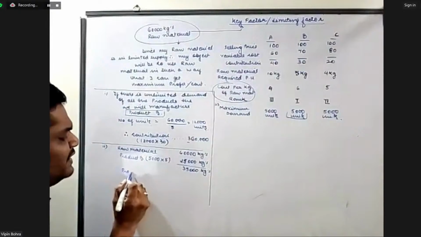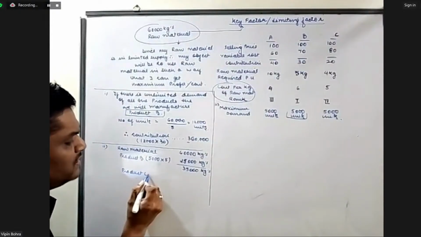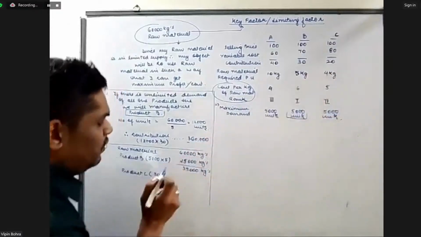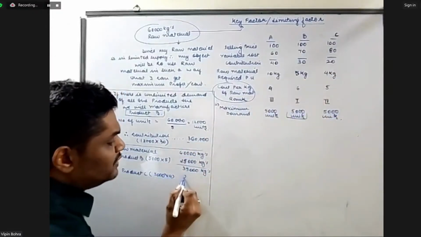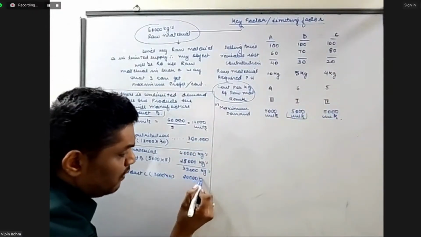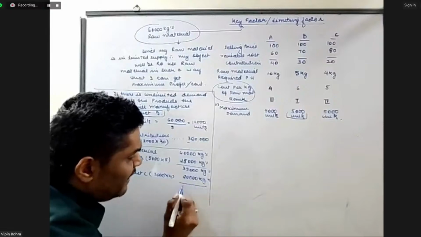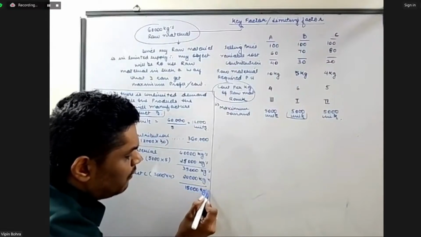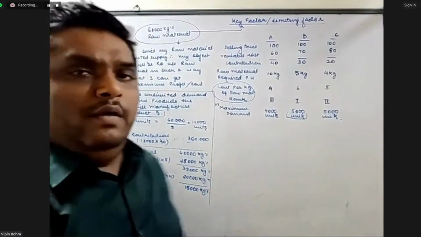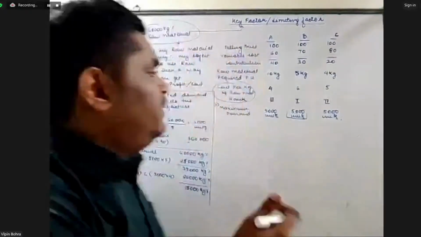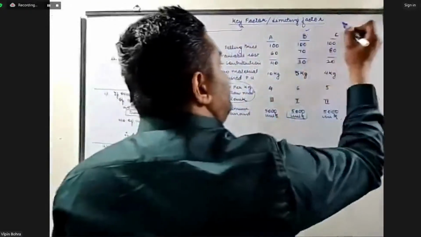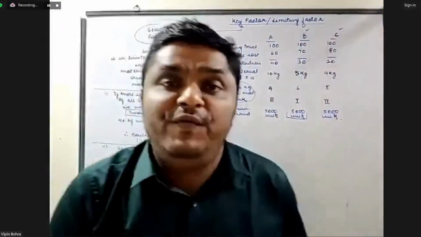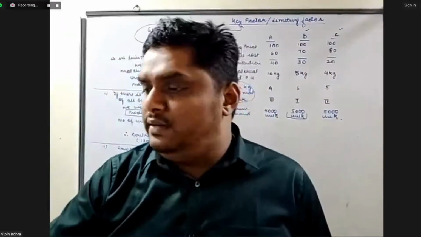So then we will proceed to manufacture product C. 5,000 into 4. So this will be 20,000. Now we are left out with 15,000 kgs only. We have completed the demand of product B. We have completed the demand of product C.